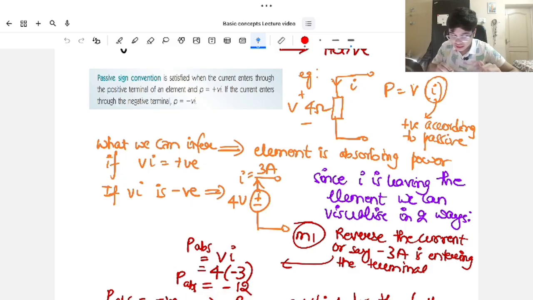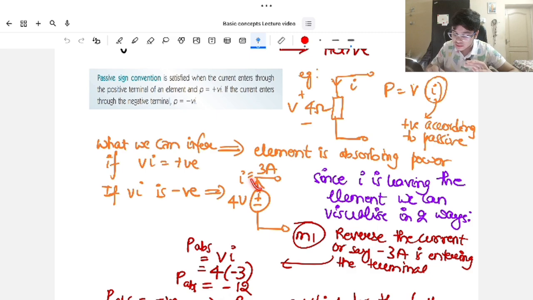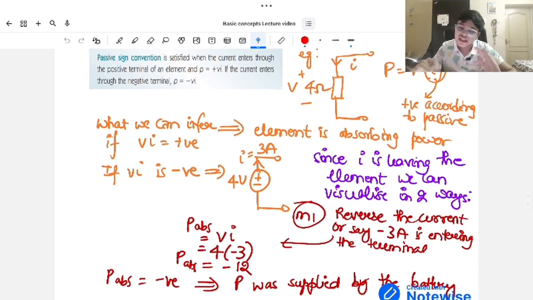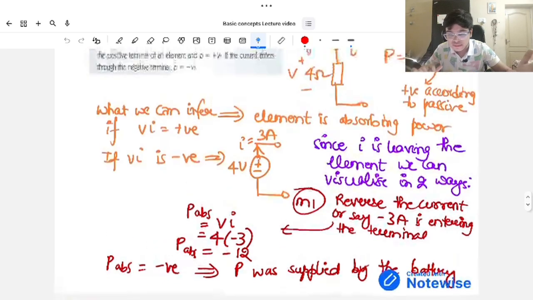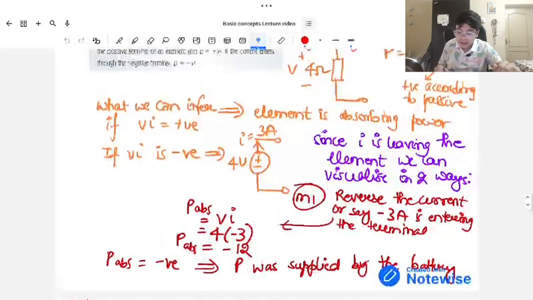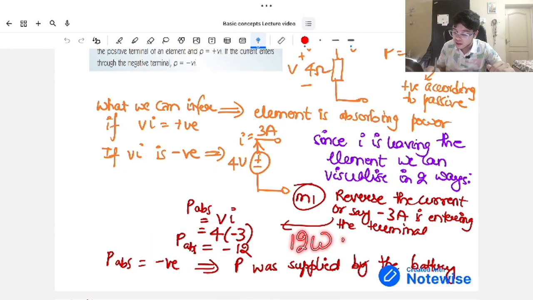The sign convention will tell you the answer, whether it is supplied or absorbed. You don't need to worry about that. You solve a lot of examples and it will become like a second brain, and you can instantly tell the answer. So P absorbed is minus 12 watts, that is negative, which means that 12 watts of power was supplied.